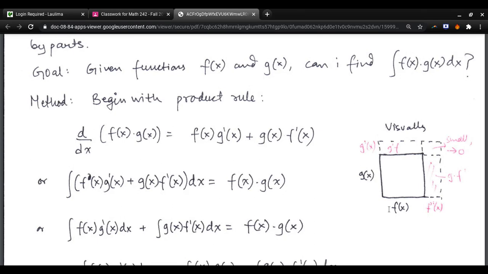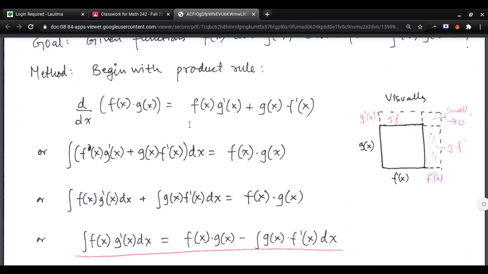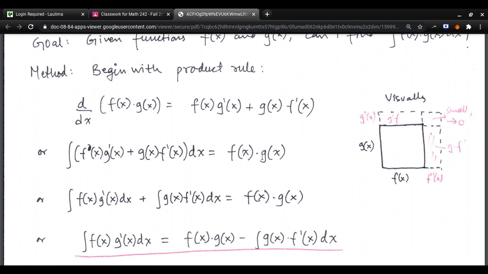You can visually see this as f, f prime, g, g prime, and you get these small rectangles here. Or I can say that the antiderivative of the right hand side equals f(x) times g(x), by the definition of them being opposite operations. I can split the integrals and keep the first one.